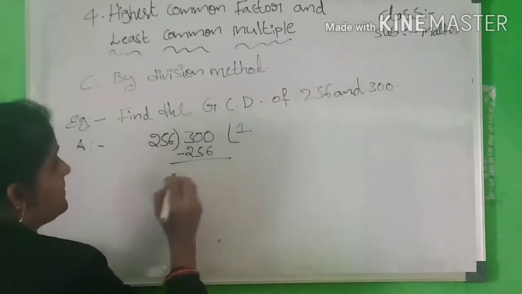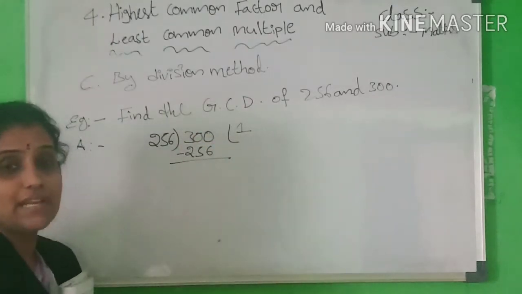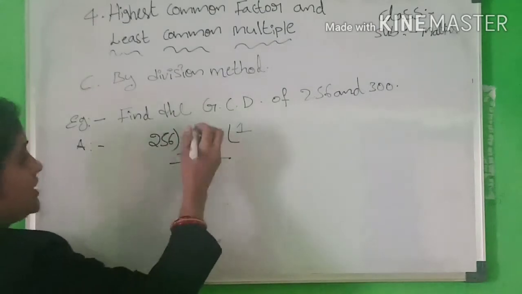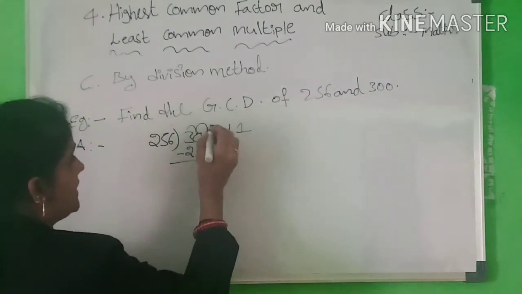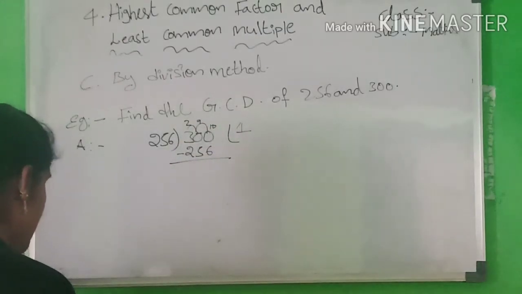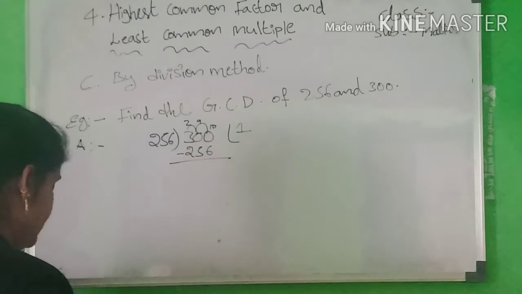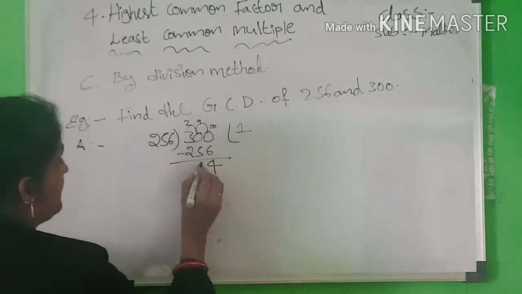Now subtract. 0 minus 6 is not possible, so take regrouping. The next digit also is not possible, so take regrouping again, and it becomes 10. Now here 10, here 9, here 2. 10 minus 6 is 4. Then 9 minus 5 is 4.